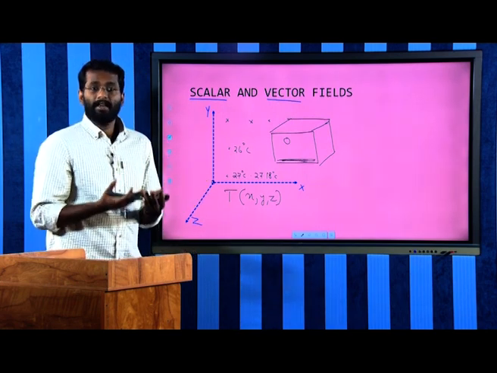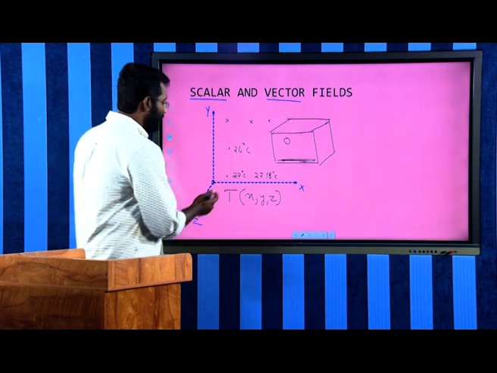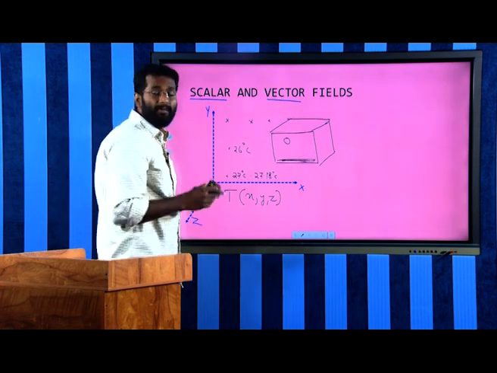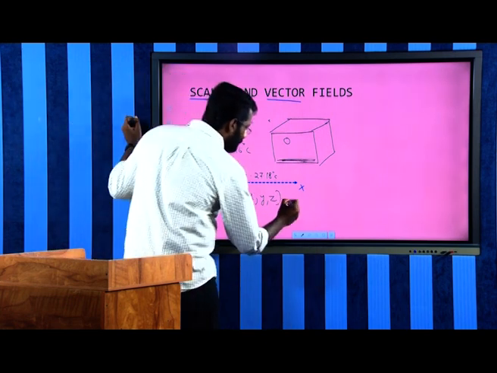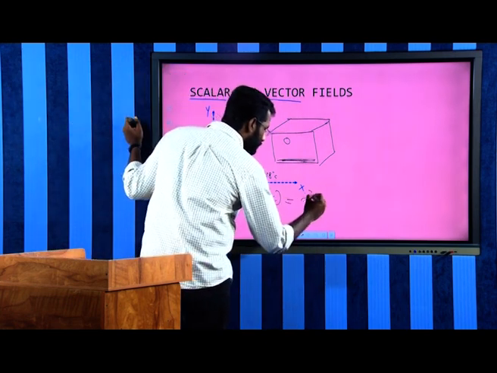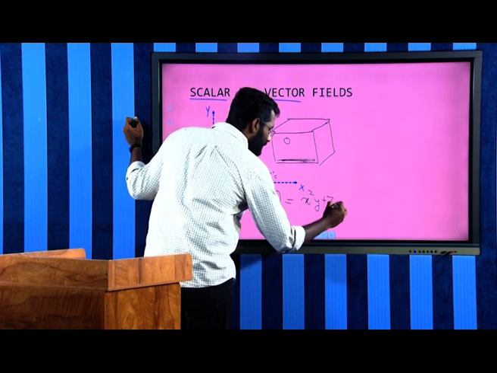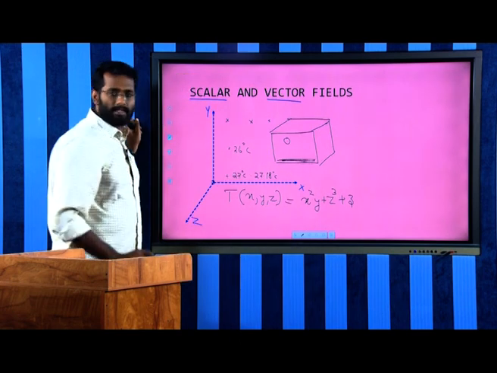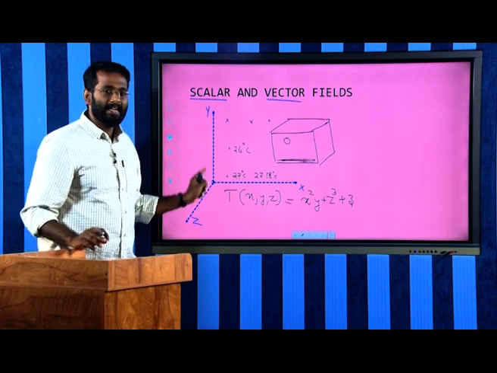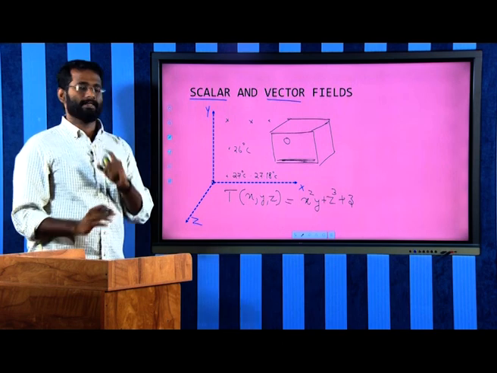How can we find that value? There is a way: T may have an expression. For example, let me consider x squared y plus z cubed plus 3. Let this be the expression for T, the temperature field, or a scalar field.